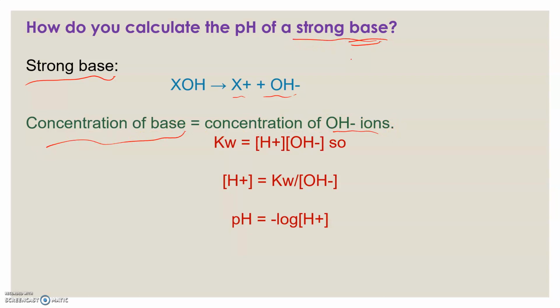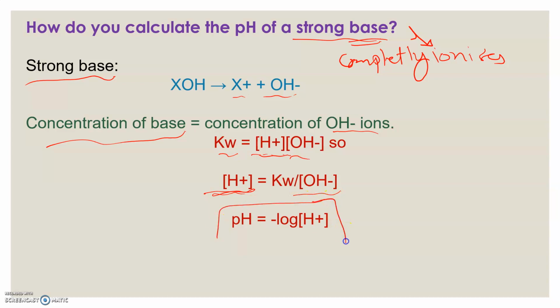Remember, because it's strong, it is completely ionized. So let's apply Kw equals the concentration of H and hydroxyl. So the concentration of hydrogen, if we want to know the pH of that strong base, equals the Kw divided by the concentration of OH. And from that, we can determine the pH.